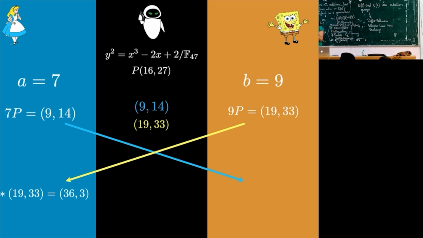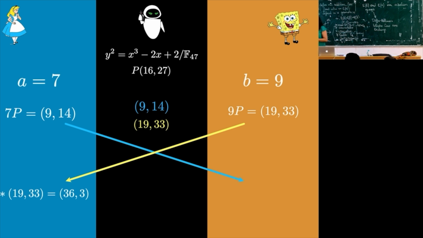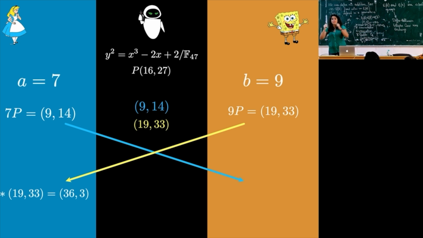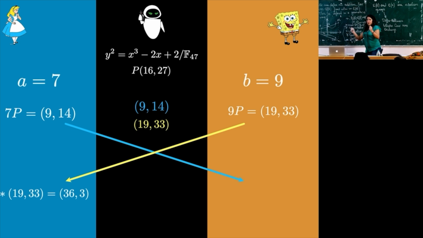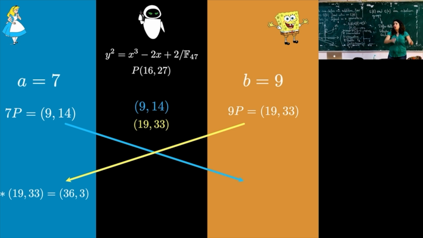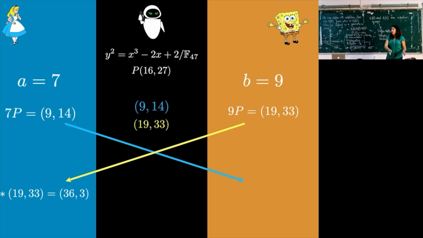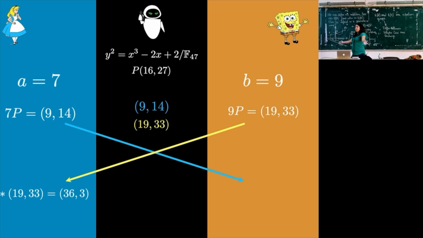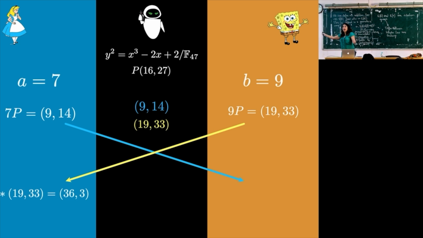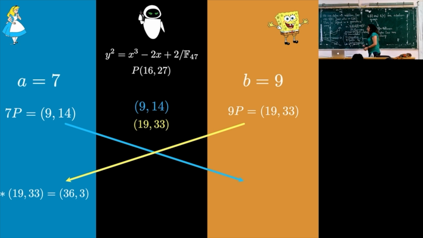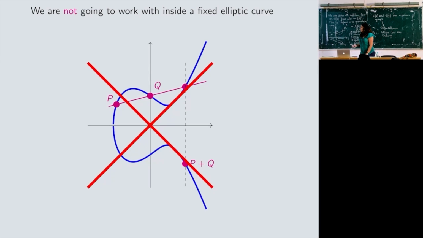These connections are nothing but what we call isogenies. They are maps between elliptic curves. So again, we don't fix a curve and work with its set of rational points. We take a set of elliptic curves and work with these maps between them, called isogenies.